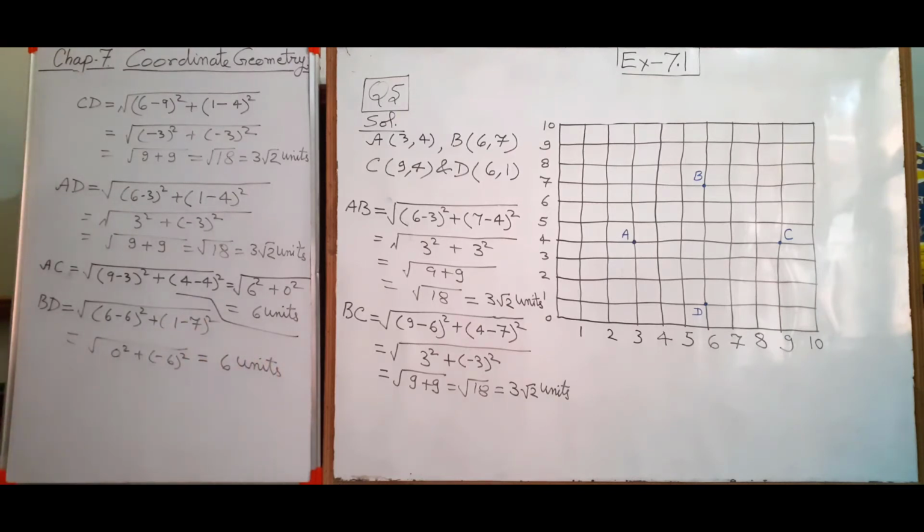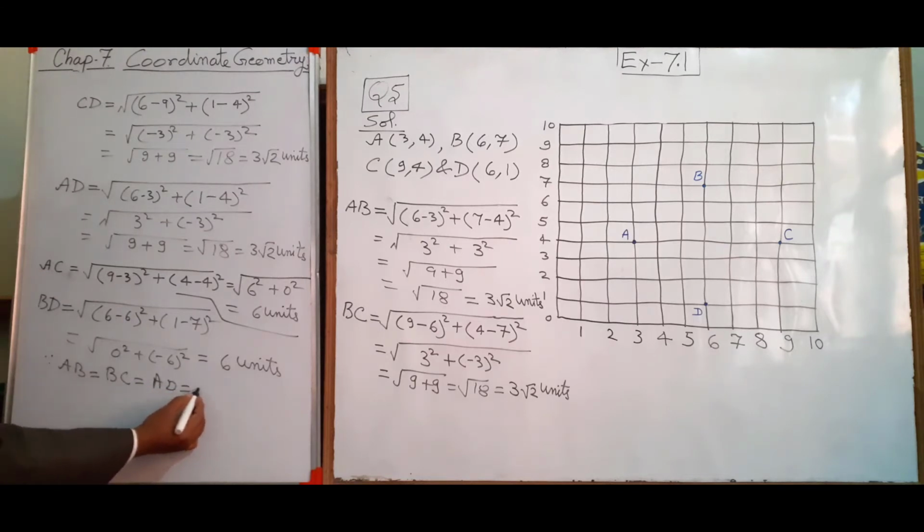Now see the explanation. Since AB is equal to BC is equal to AD is equal to CD, all these are equal, and diagonals AC is equal to BD.